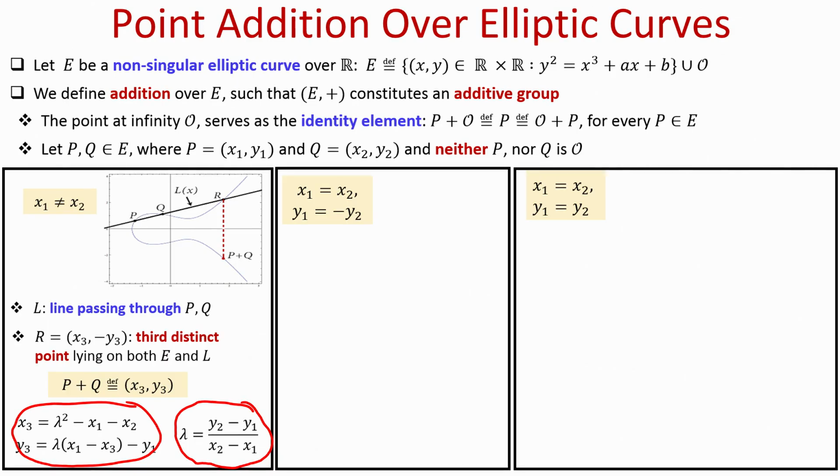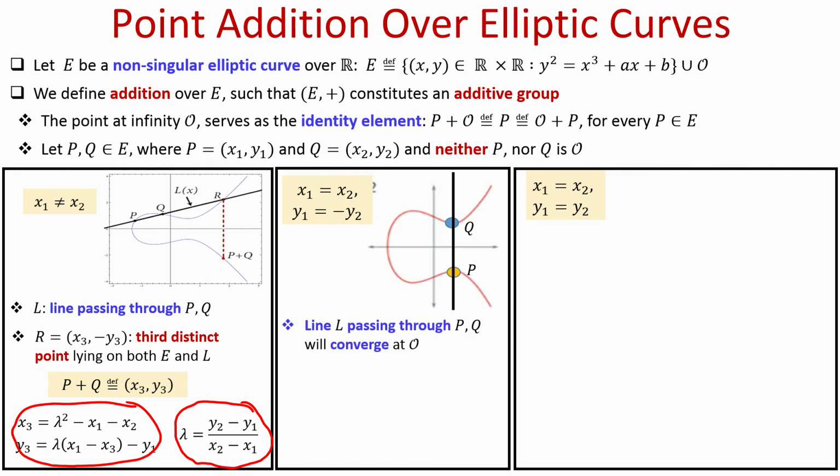Now, let us take the second case where x1 is equal to x2, but the y coordinates of P and Q are just opposite of each other. In this case, the line that we pass through P and Q basically ends up converging at the point at infinity. The idea here is the same: we pass a line through the points P and Q and see where exactly it meets the elliptic curve.